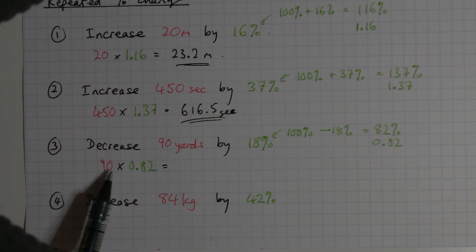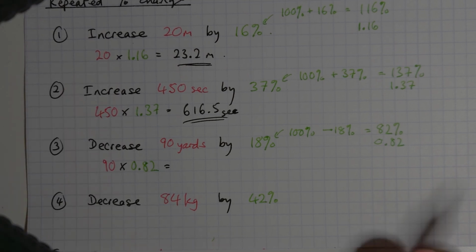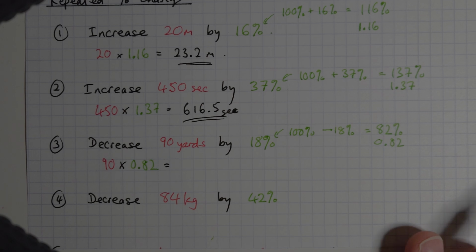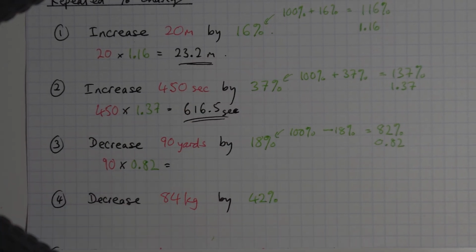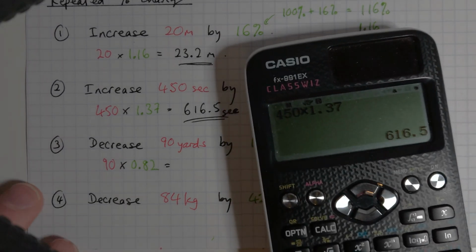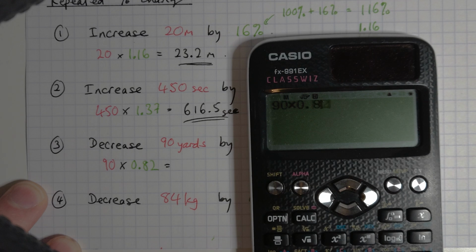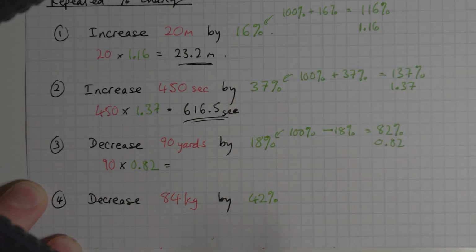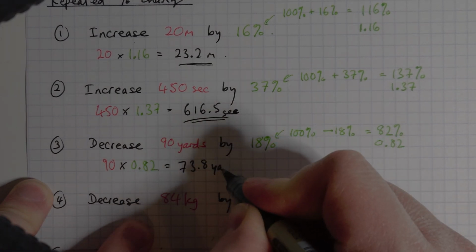Notice how I'm not writing yards here, I'm not writing seconds here, I'm not writing metres here, because you don't put units in the calculation itself, but my final answer does have units. So sorry, I got distracted there. I haven't put yards, but I will put yards in my final answer. So 90 times 0.82, press SD, 73.8. Apparently 73.8 yards.